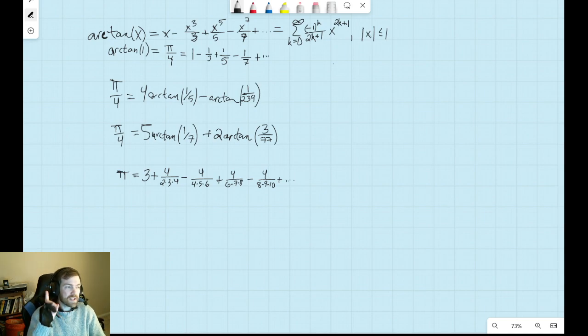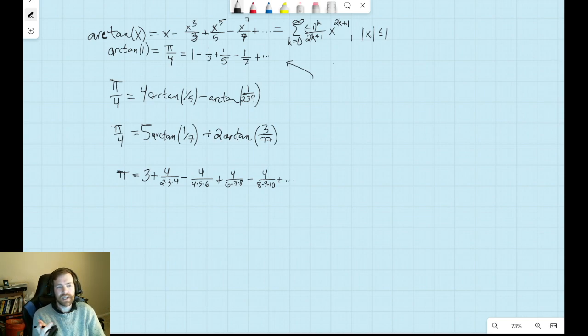Whereas the infinite series that uses just the arctan, these alternating signs and odd numbers in the denominator, after 5 terms, it goes to 3.34. So it is not good, right?